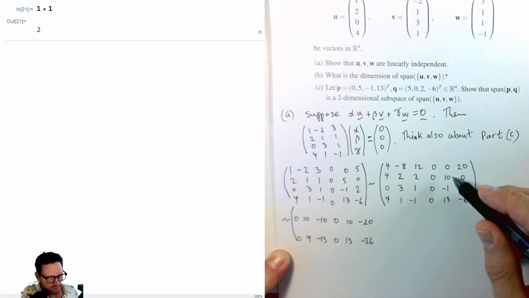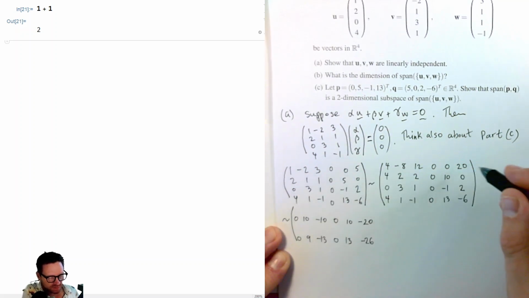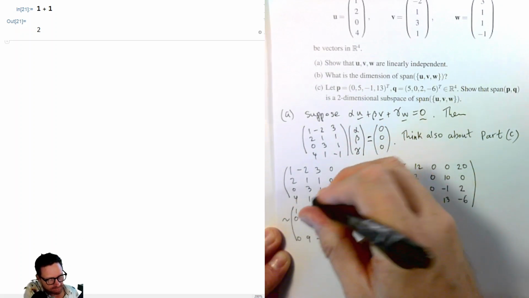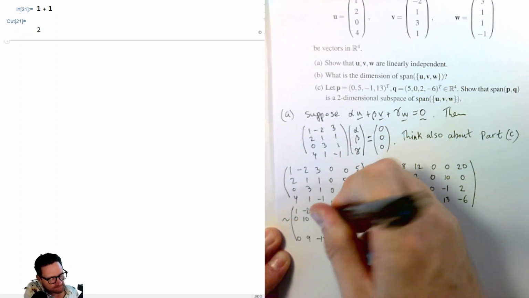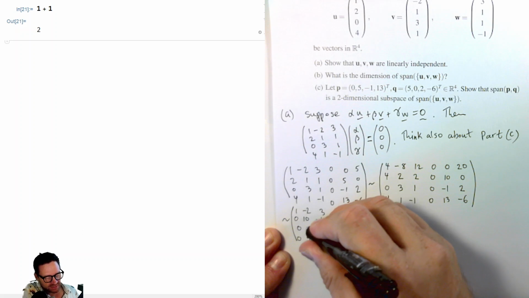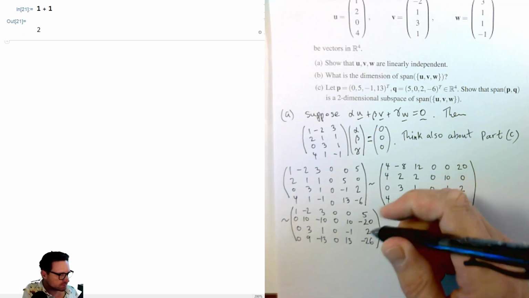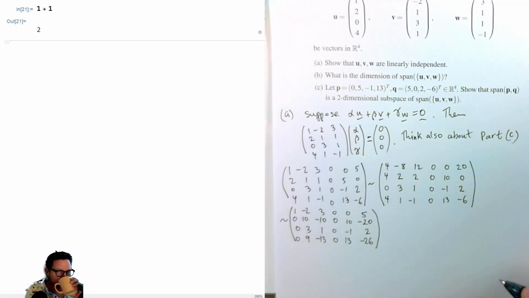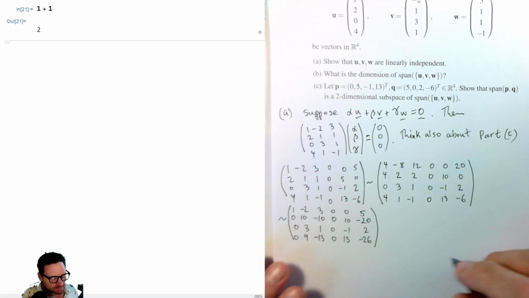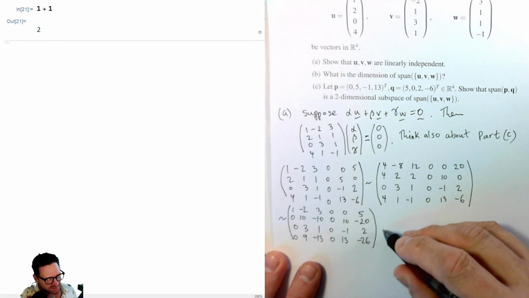I'll replace row 1 with the original row 1, so a quarter of row 1. And keep row 3 the same. Okay, now we can divide row 2 by 10 and multiply it by 2.